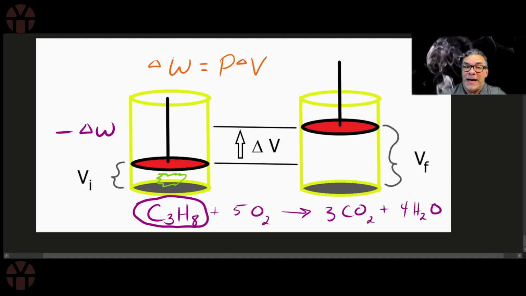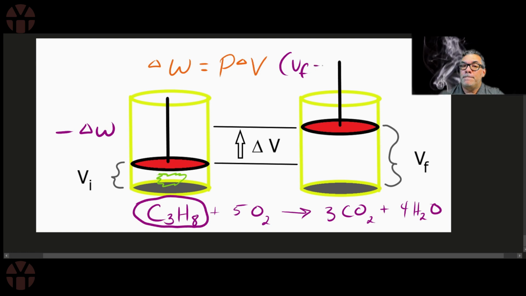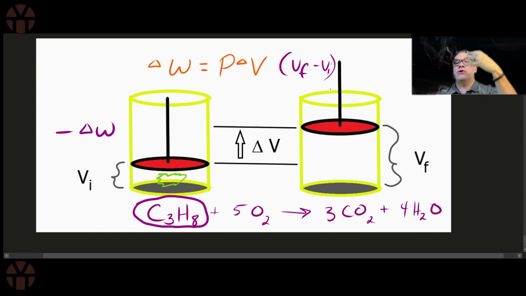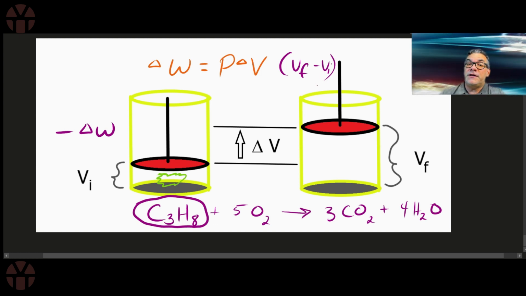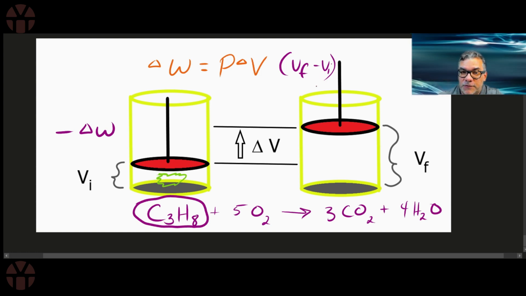So now let's come back up here to this equation. Right now, when I look at this, delta V is nothing more than final minus initial. Well, in this picture, it seems to me like my final volume is a larger value than the initial volume. And if my final volume is larger, then delta V is going to be positive.